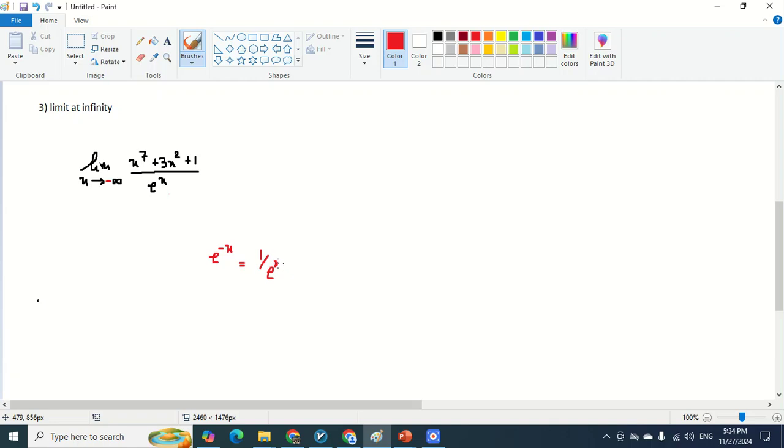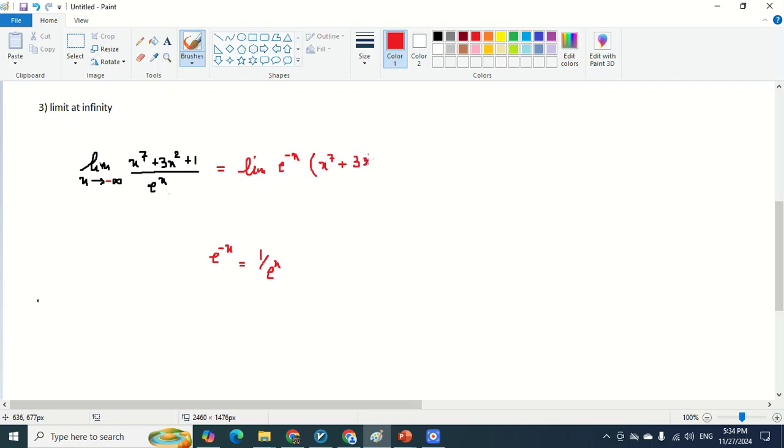And in this case I can rewrite this expression as the limit of e to the power of minus x, which I just put at the numerator right now, times x to the power of 7 plus 3x squared plus 1.